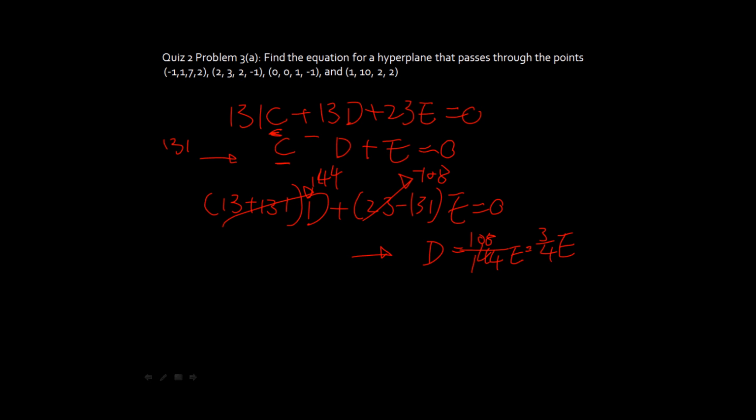So if you look back to this particular equation, we have C, D, and E, right? So if we plug the D in terms of E in, we have C minus this one, and then we have plus E equals to 0, right? So this gives me C equals to minus 1/4 of E.